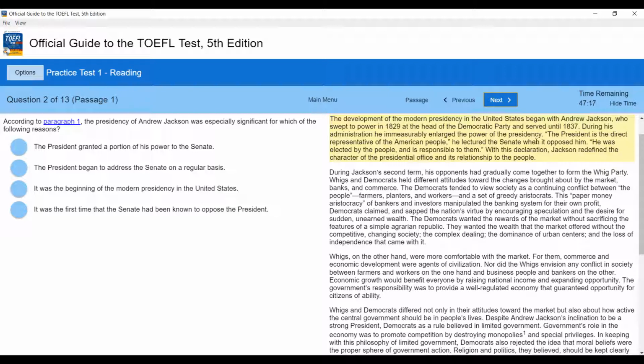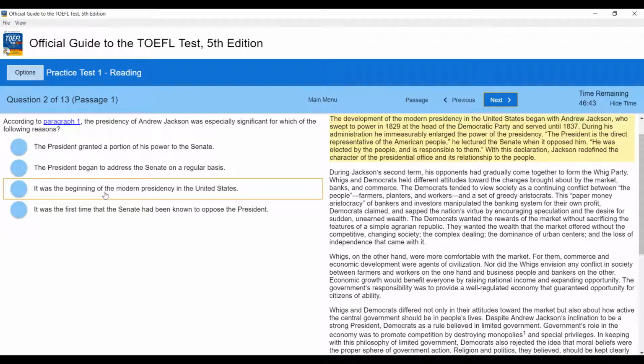When it opposed him is not a when in terms of frequency. This is changing the meaning. It's that if the Senate opposed him, then he spoke up and explained his beliefs about the presidency.